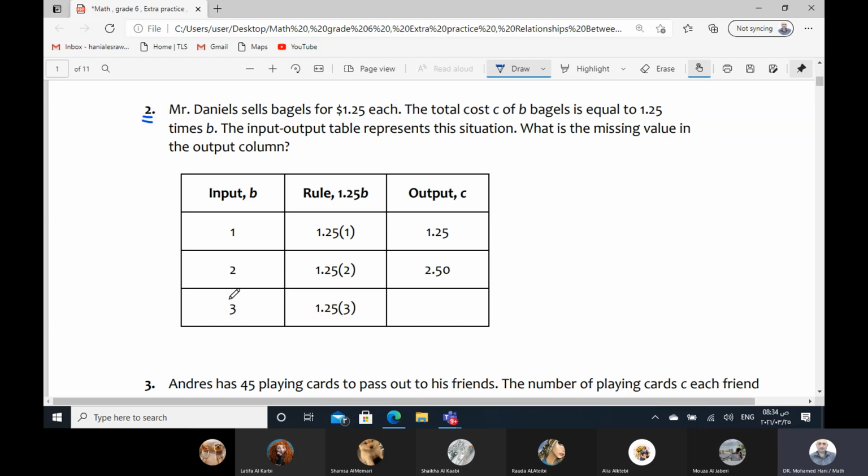If the value of B is 3, the rule says, substitution, put the value of B as 3. 3 times 1.25. Solve the value here and tell me what your answer is. Start, please.